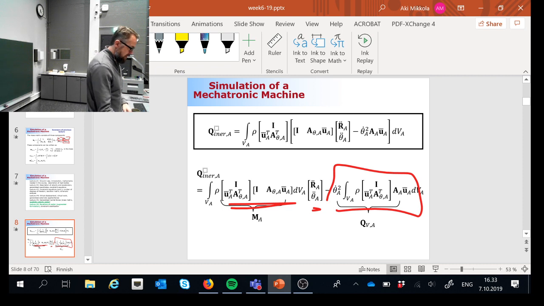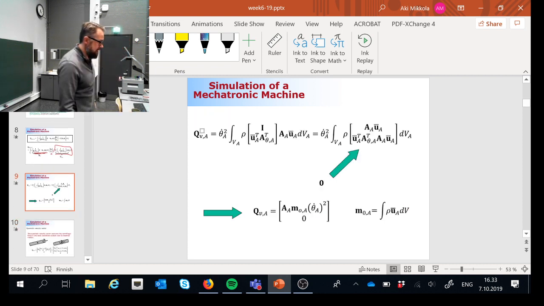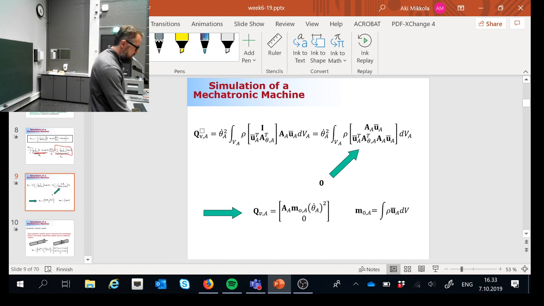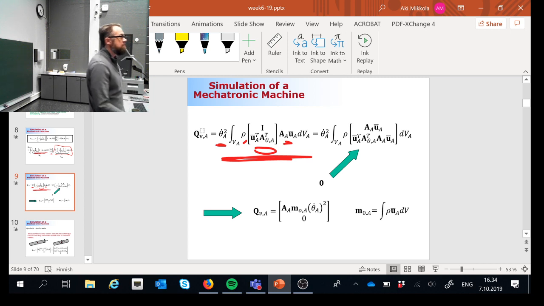Okay? So how does it go then? This is what I expressed in a previous slide. I have here my angular velocity, which is to the power 2, and then I have my volume integral over the density of the body, and then I have my vector u bar component here, and my rotation matrix that is first differentiated with respect to angle theta, and then the rotation matrix in its original form.